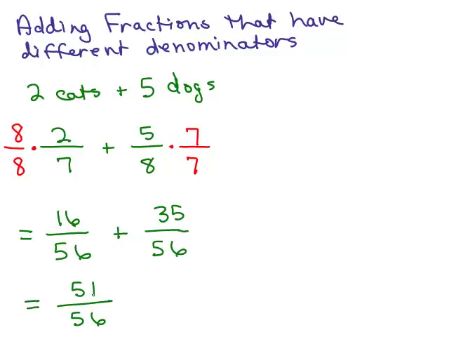Now, the next thing is to see if this can be reduced. And to do that, you've got to think, well, are there any common factors? And if you're not sure, then go through the list or prime factor. By the way, 51, if you prime factor, is 3 times 17. Okay? I knew 3 went into it because the 5 and 1 add up to 6.